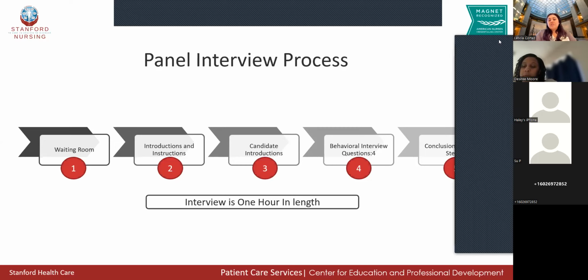We rotate the questions being asked in a way that each candidate, so you have candidate 1, 2, 3, and 4, will be asked one question for the first time. So if we have Desiree, you'll be asked question number 1, and then we'll rotate it throughout the candidates. And then we'll start with the second question to another candidate, so they hear it for the first time.